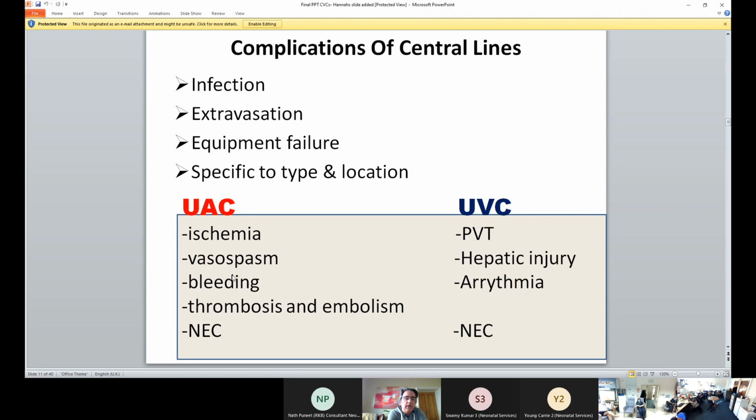Also, bleeding. Bleeding happens with the UAC usually during the removal of the UAC, although that should be a smooth procedure, but sometimes it turns out to be a big drama, particularly with extremely preterm babies, because they may lose a very high volume of blood in a few seconds, and that leads to collapse.